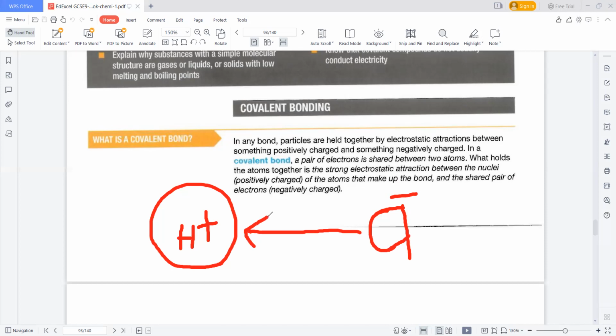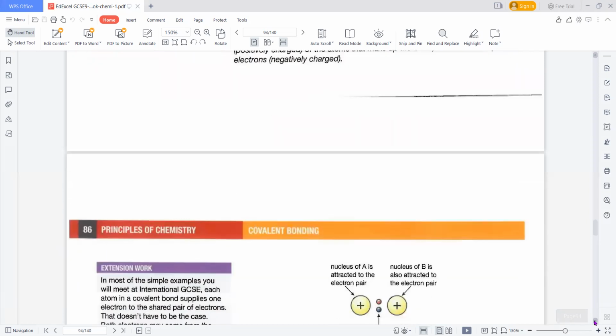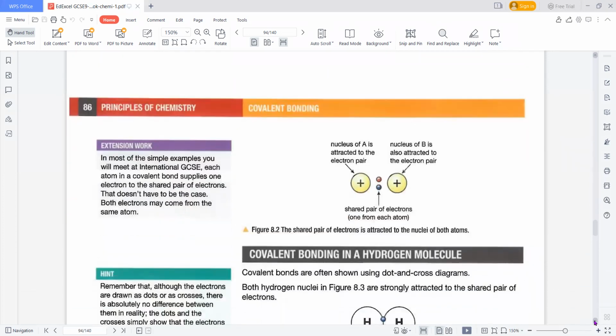So you should be clear that the positively charged nucleus is going to attract the negatively charged electron of an element. Simply, there's an element A whose nucleus is positively charged, made up of protons and neutrons. The nucleus of element A would be attracted to the electron pair, which is negatively charged.